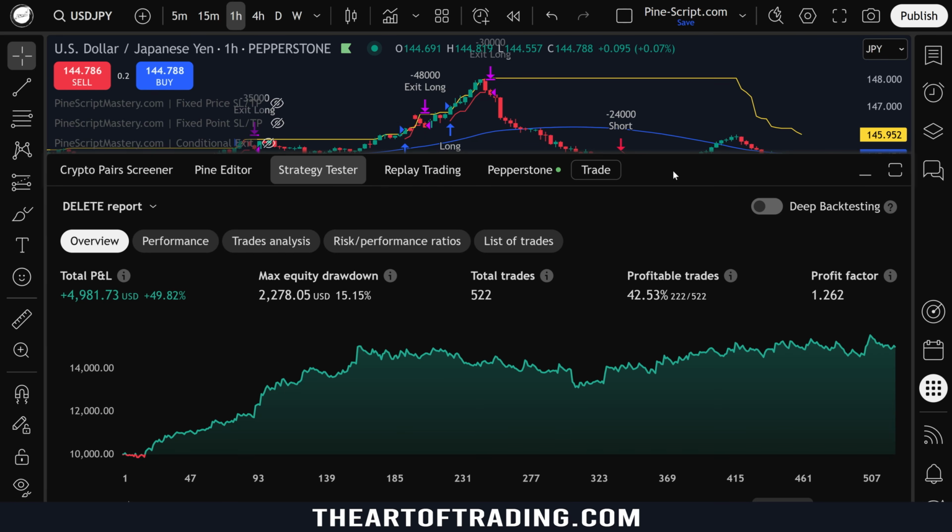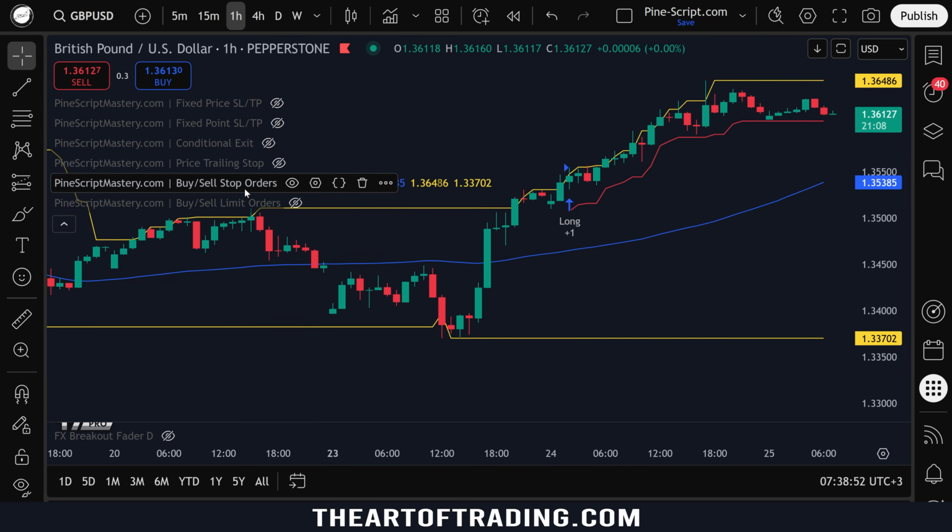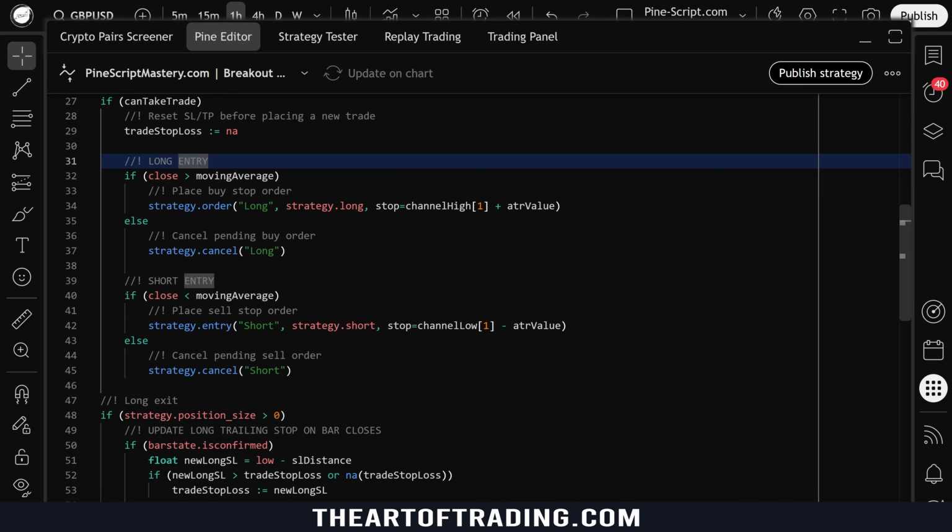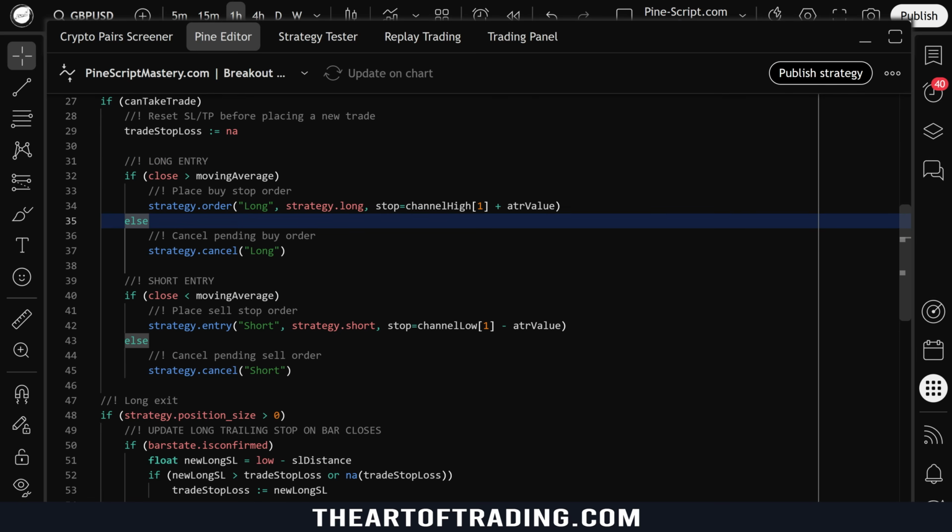However, before we wrap up with the final example, let me go over something that's important to understand when we're using the TradingView strategy tester to place buy stop orders or sell stop orders. When we place a buy stop order in Pine Script, this order will remain active until we cancel it.